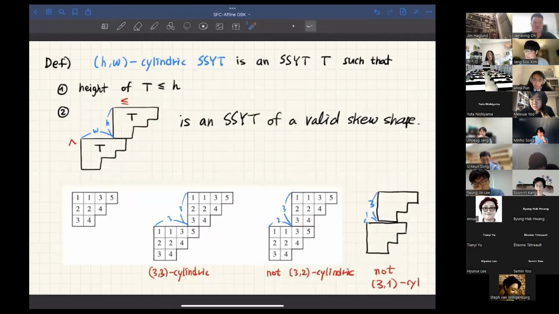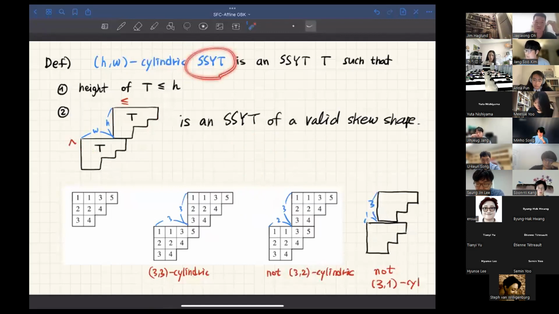All right, so now we have this object. By the way, cylindric tableaux have been studied before our work. First, they were studied by Gessel and Krattenthaler, and also by Postnikov and other people. I'm going to tell you more about the history of the cylindric object later in my talk.